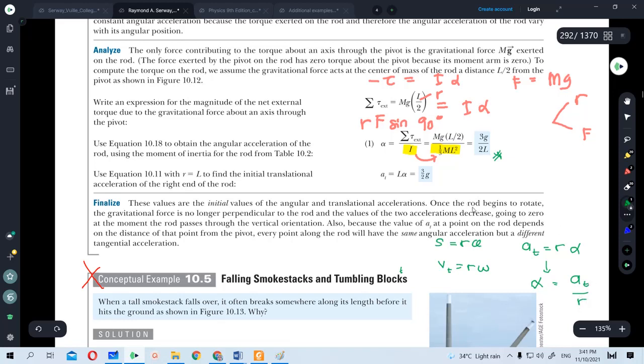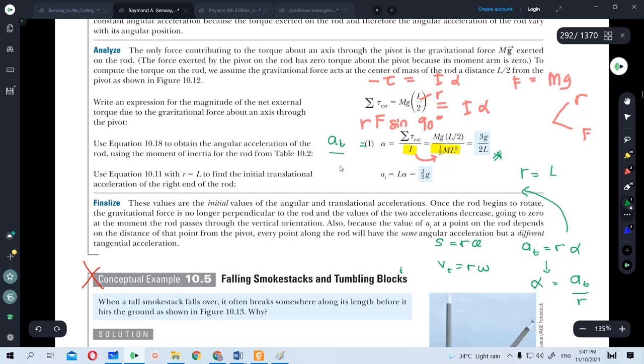Now let's fit this expression into here. However, we must understand that R here is equivalent to L. And therefore, it looks something like this: a tangent.